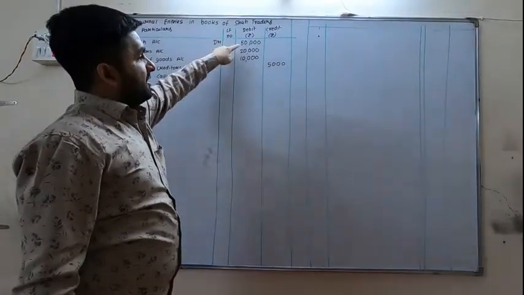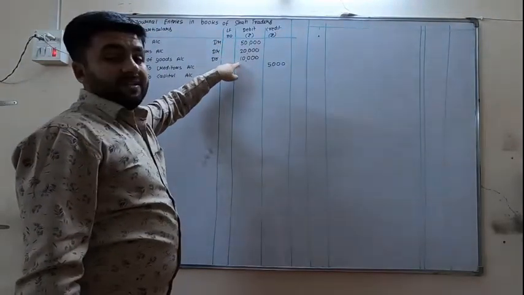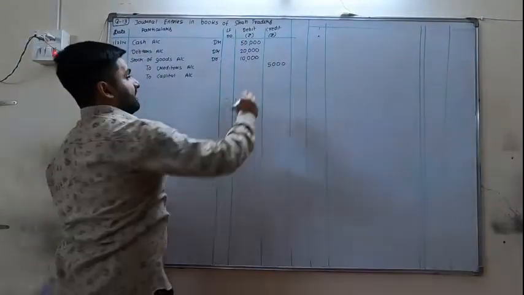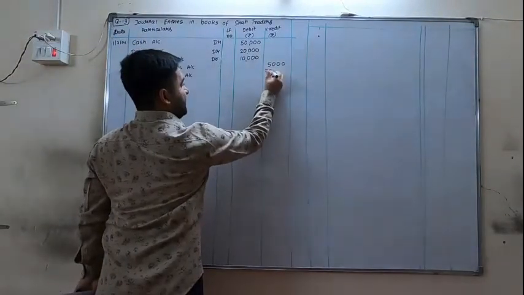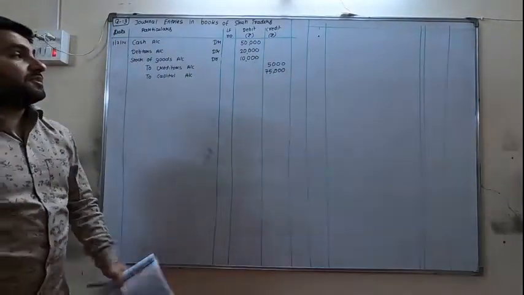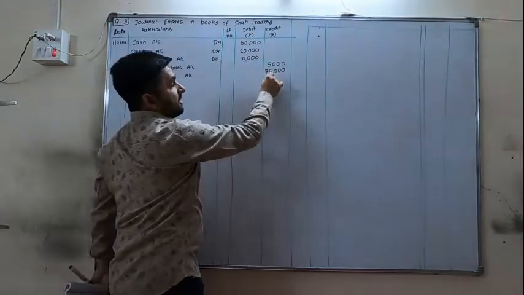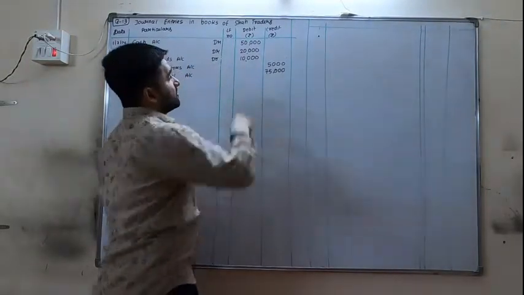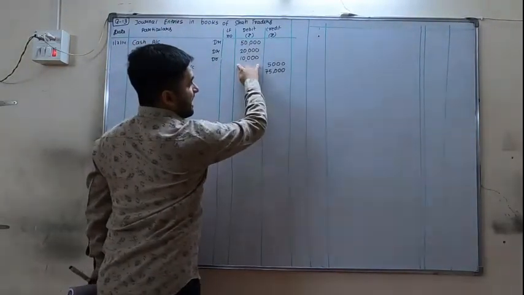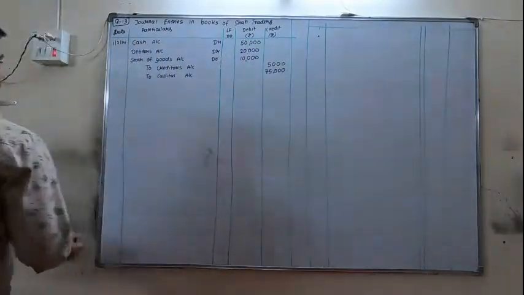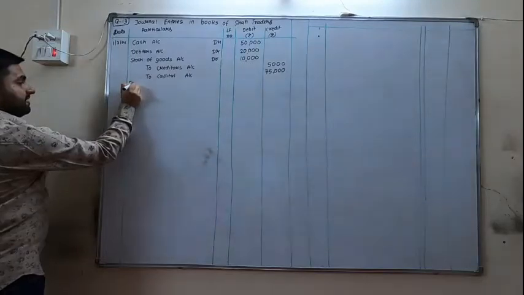So 50 plus 20 is 70, plus 10 is 80, 80 minus 5 is 75. So in the capital account 75,000 will be shown. But the mistake you will make is to directly take the total and write it here. Then debit will not be equal to credit because all these are assets and one is a liability. So take the total and subtract this because it is debit and credit.